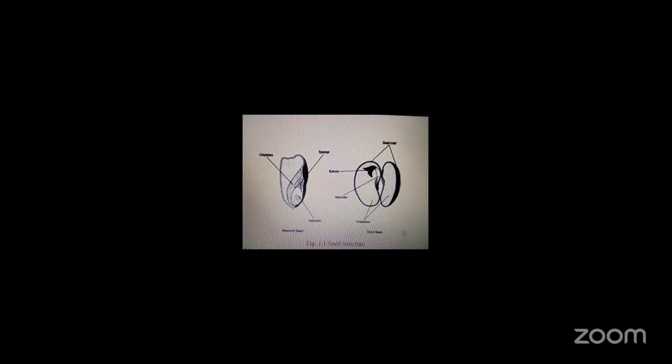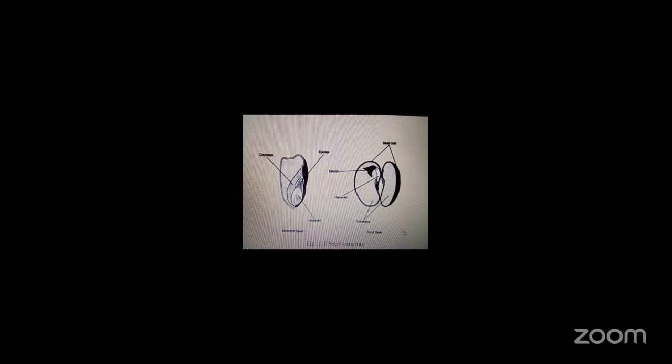Sometimes it protects from other damages, means due to pathogens, microorganisms or insects also. And the seed coat sometimes also helps in seed dispersal.